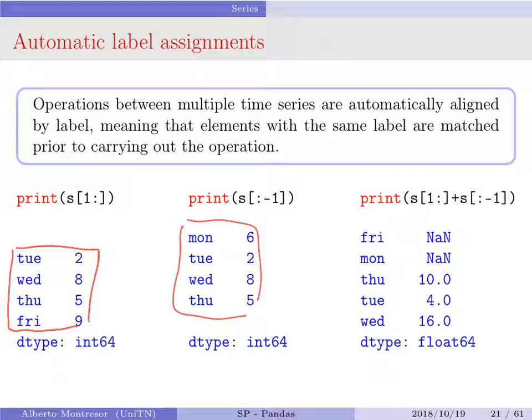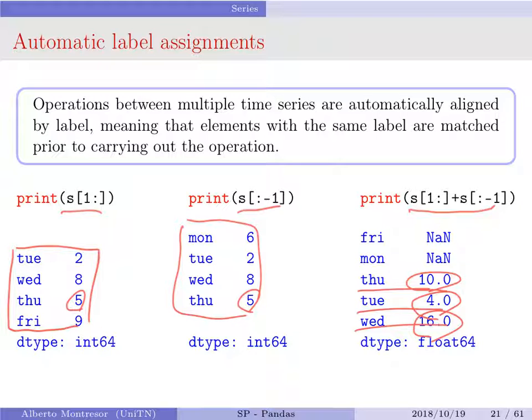I obtain this by just slicing the original series in two different ways. Then I can sum together the series. This means that for every element which is in common, like Tuesday, Wednesday, and Thursday, I get a sum. Given that there was 5, summing it twice gives you 10, and then 4, and then 16. For all the other values, you get not a number.